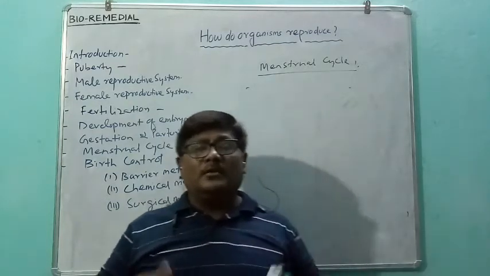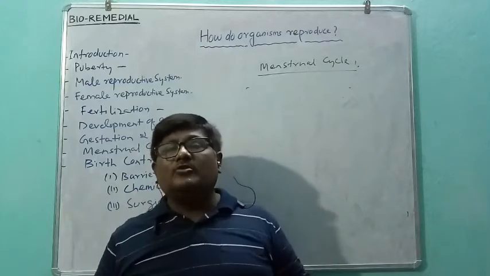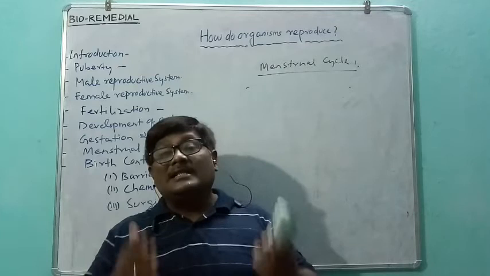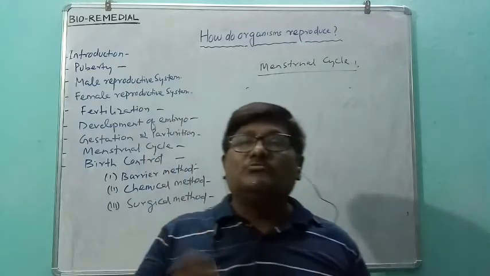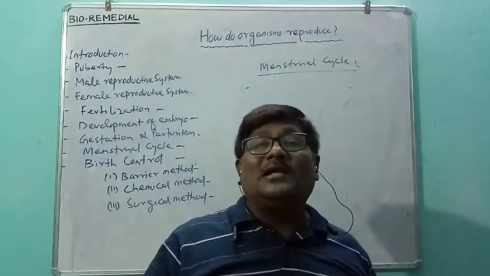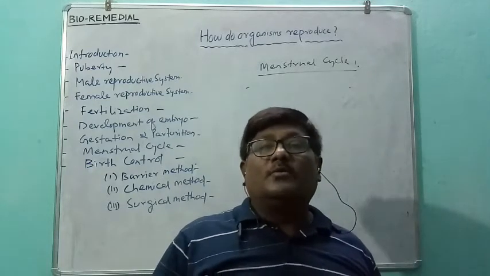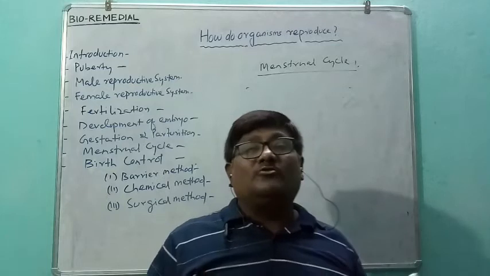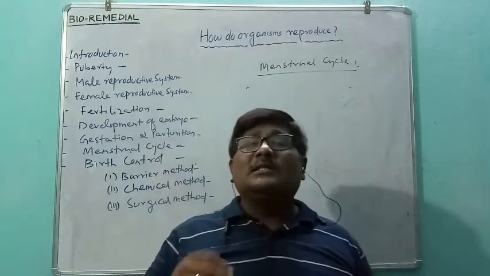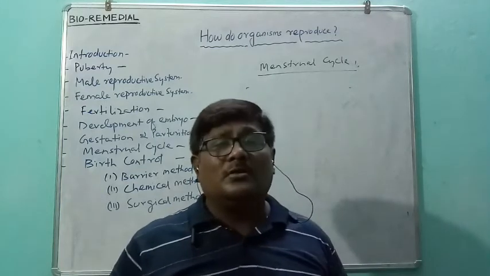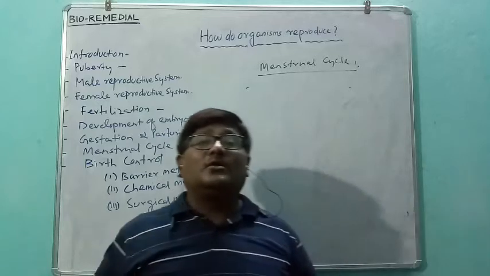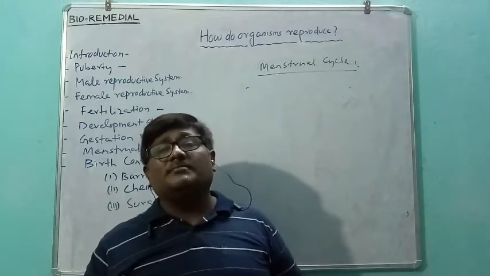When the inner lining is no longer useful, it automatically sheds. This shedding of the inner lining of the uterus, along with the unfertilized ovum, is ejected out of the female body through the vagina in the form of blood. This bleeding is called menstruation. And this menstruation usually occurs every month, once in every 28 days.